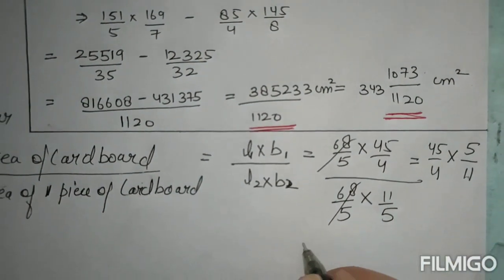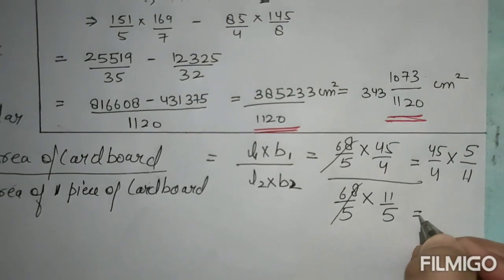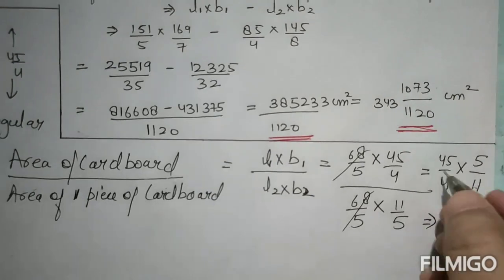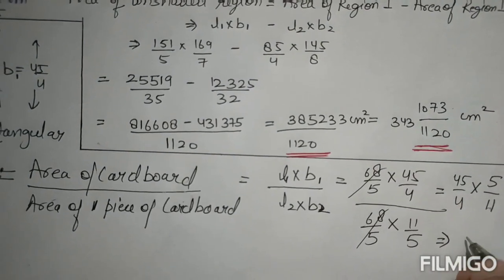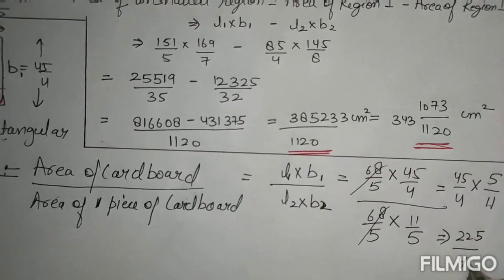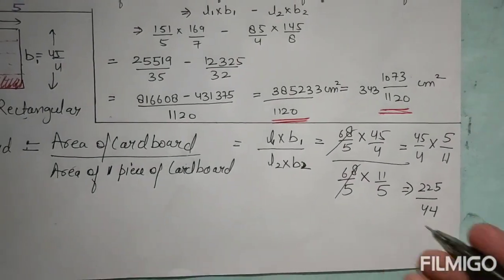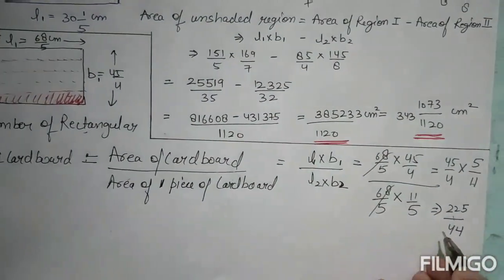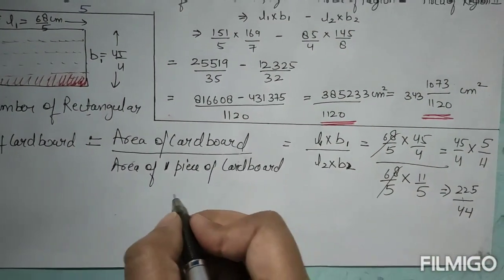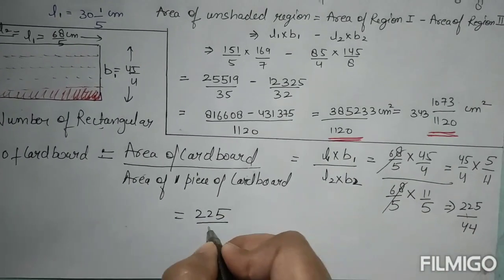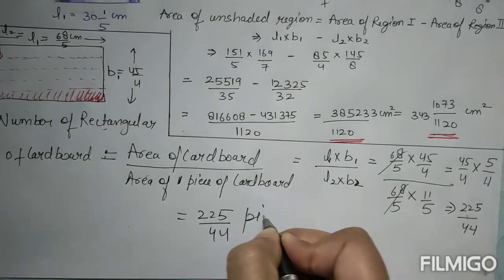Now multiply it, and you will get the answer. How much? 225 by 44. Now divide it. Look, I'm writing this here. 225 by 44 pieces.